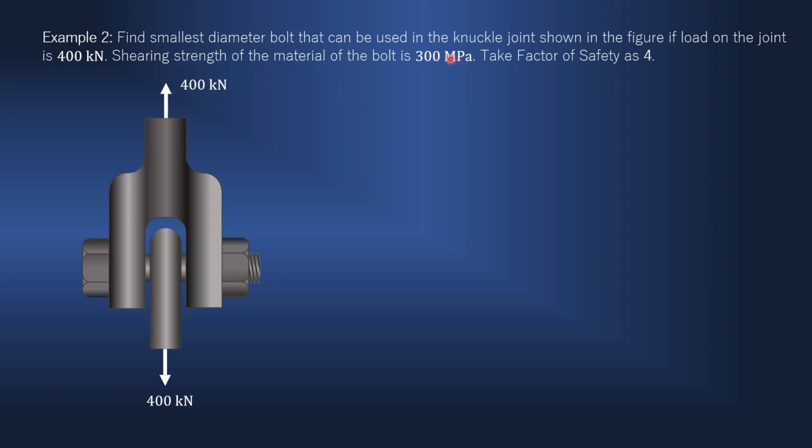So this is that stress beyond which fracture occurs. So this is of course not a safe stress. So shearing strength or ultimate stress divided by factor of safety, that is the working stress.